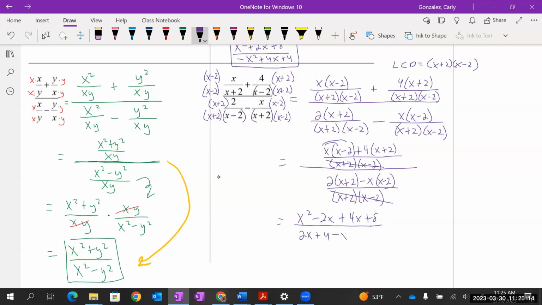So we get negative x squared, and then a negative x times a negative 2 is a positive 2x. We will simplify like terms. x squared plus 2x plus 8 all over negative x squared plus 4x plus 4. And as we played with it up above, neither of those expressions are factorable, so that is our final answer.